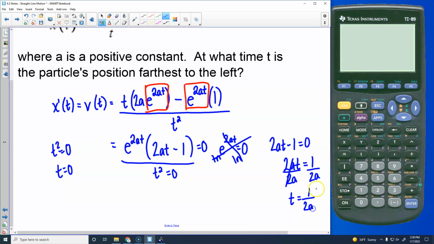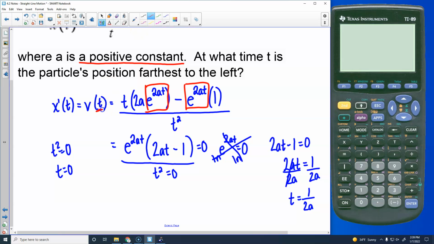It tells us here that a is a positive constant. So a is some number. We just don't know what it is. I understand why it's confusing for me to tell you it's not a variable whenever it clearly is a letter. It's not our variable for the function.